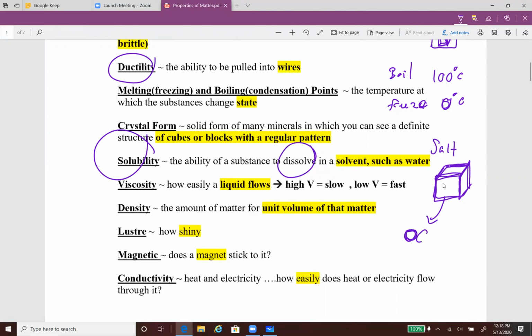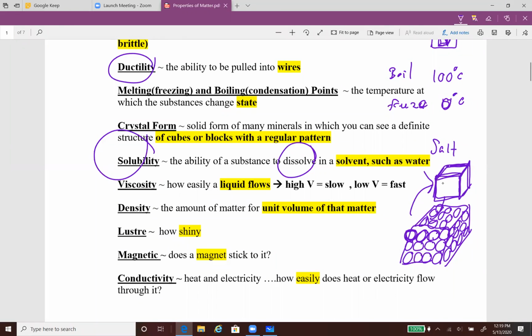So imagine that my salt crystal is made up of salt particles that form a cube, maybe something like this. If I were to zoom in, I would simply see a bunch of salt particles that are stuck together like that, that actually give the salt its cube structure, okay?